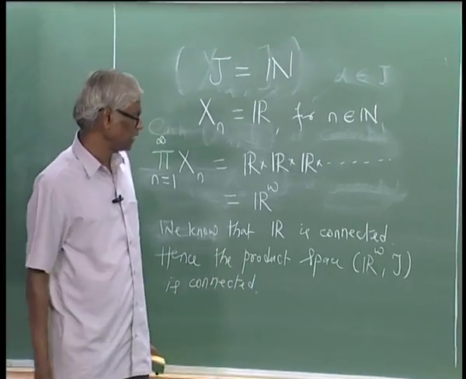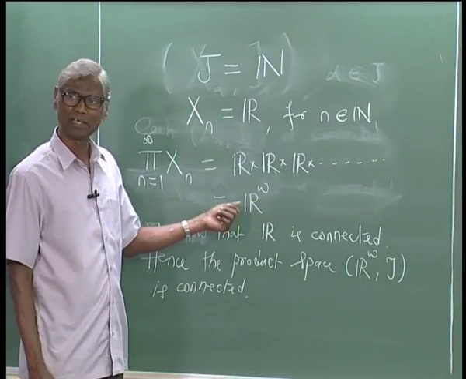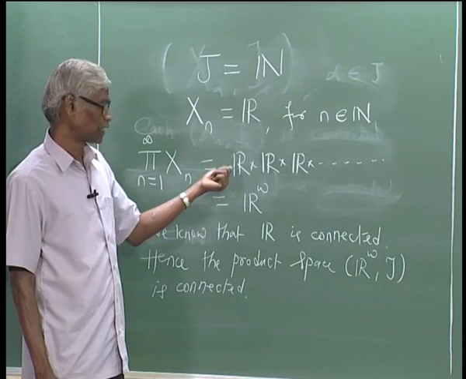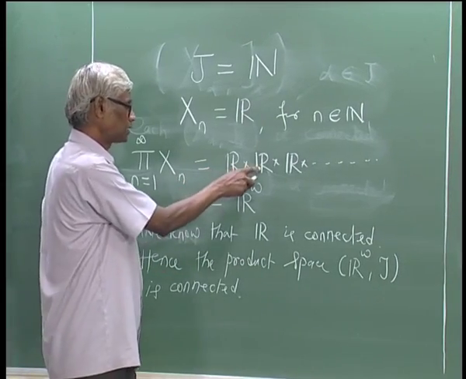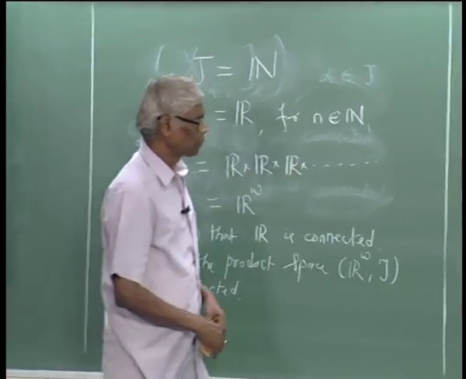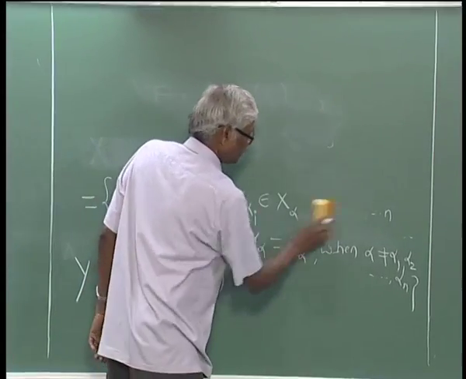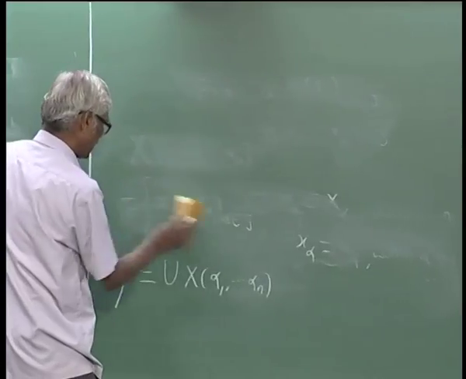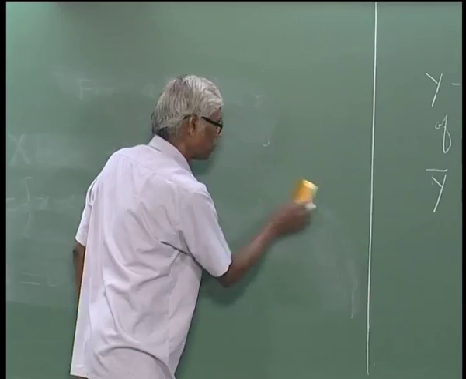Now let us see what will happen if we consider the box topology on the same set R cross R cross R cross and so on. That is, let us consider the space R^ω with the box topology.